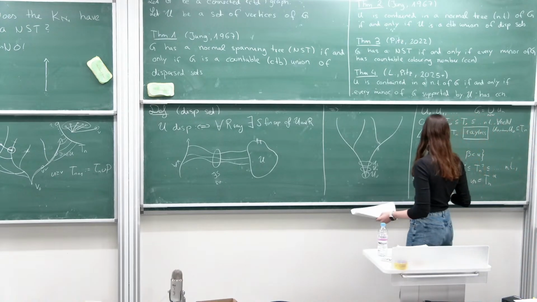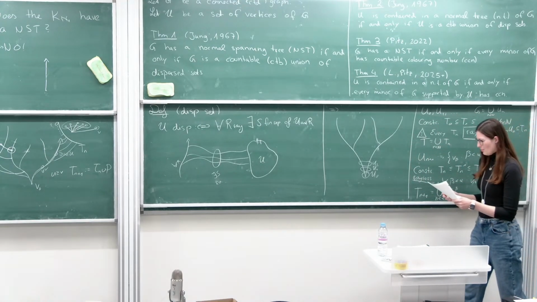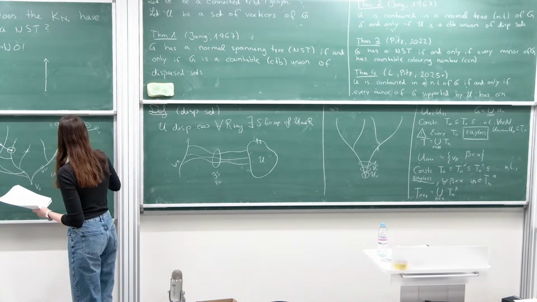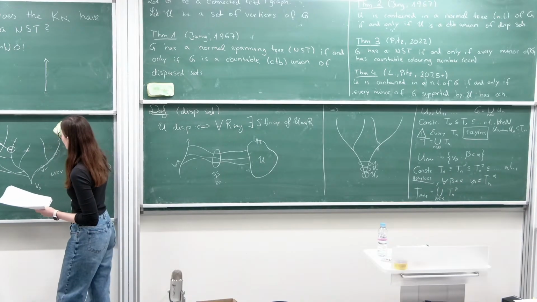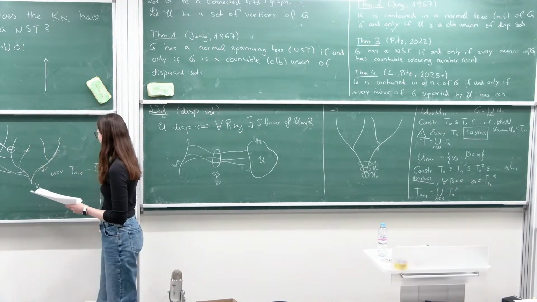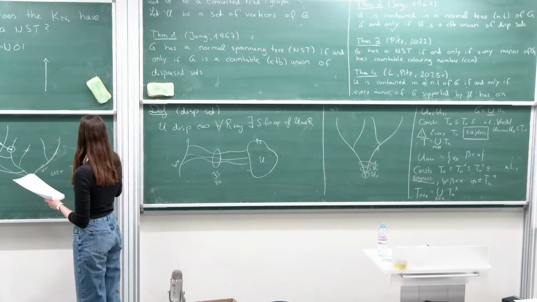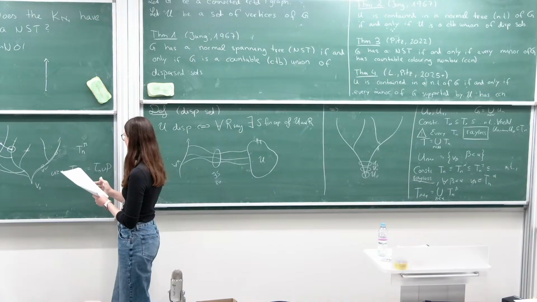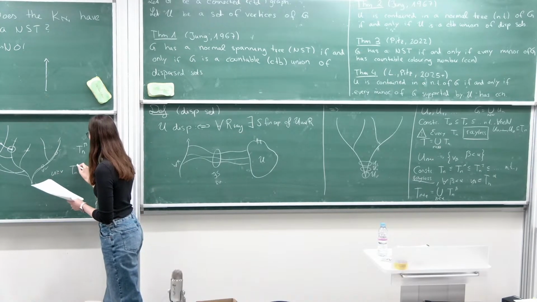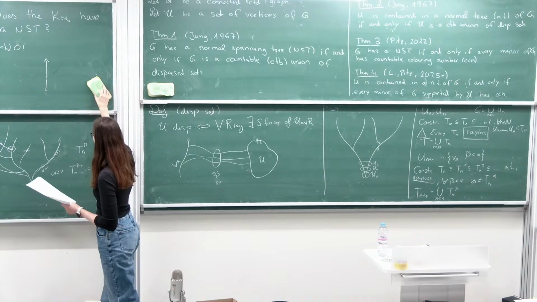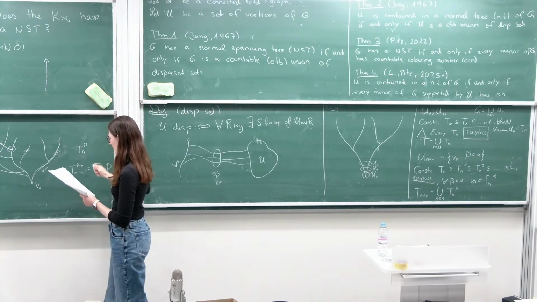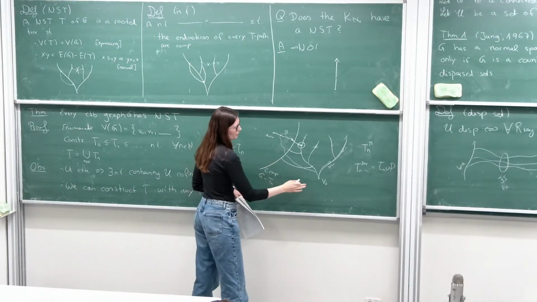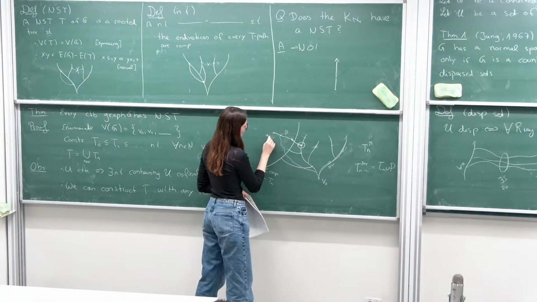So let me show you how I construct these normal trees. I'm going to use this picture again. Suppose that we have already constructed Tn beta, and now I want to construct Tn beta+1. What I do is I consider my favorite vertex, and suppose it's not already in my tree, so it lies outside.